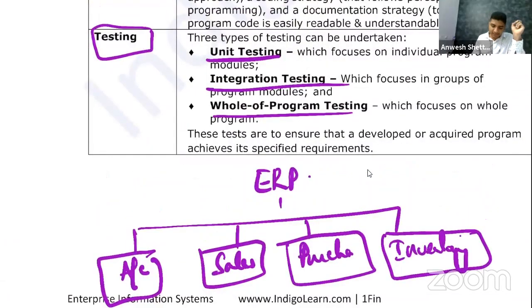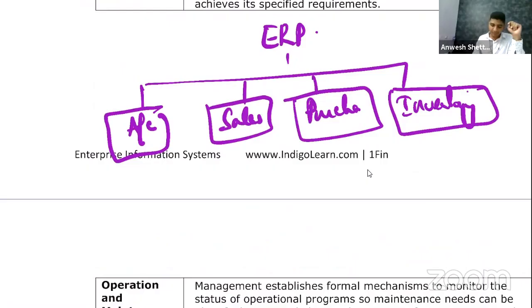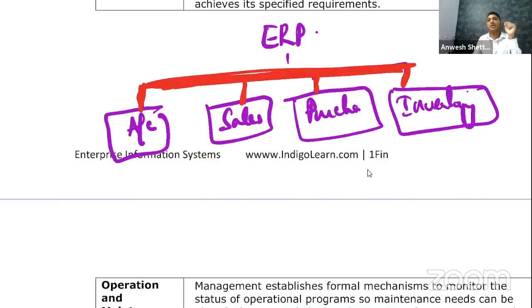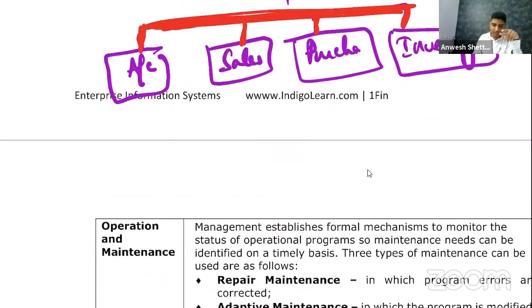Next, integration testing. What is integration testing? See, what is ERP? ERP means all the softwares are connected to each other. So in integration testing, you check this integration, whether the softwares are connected to each other properly or not. So what is unit testing?